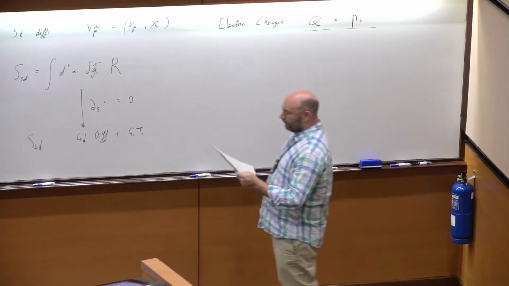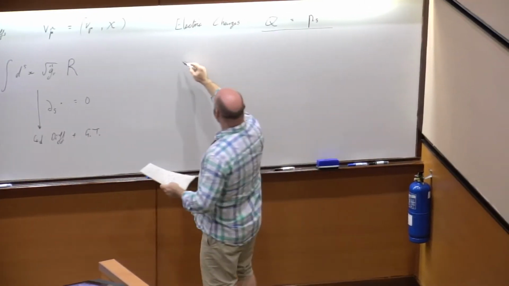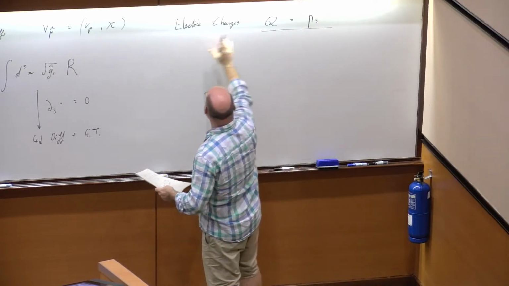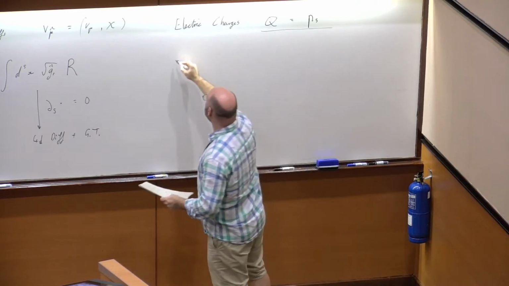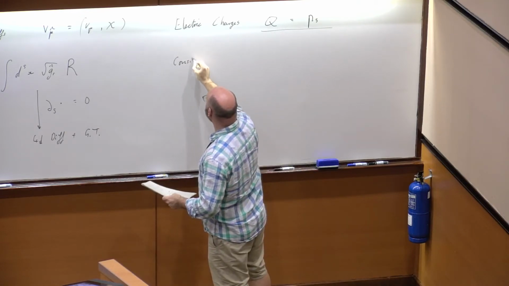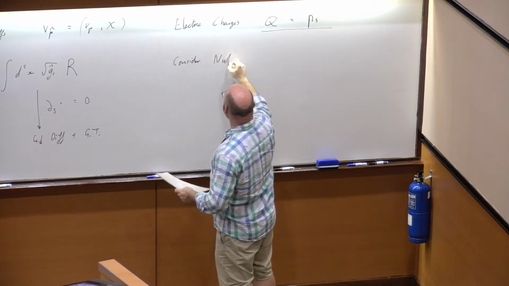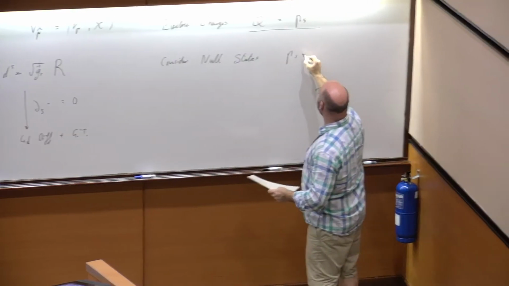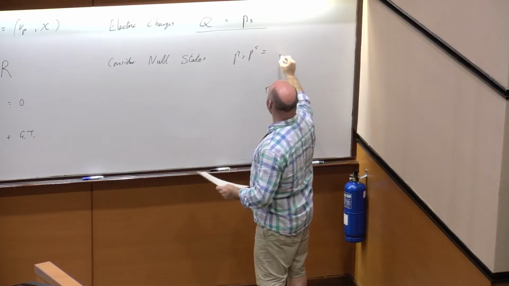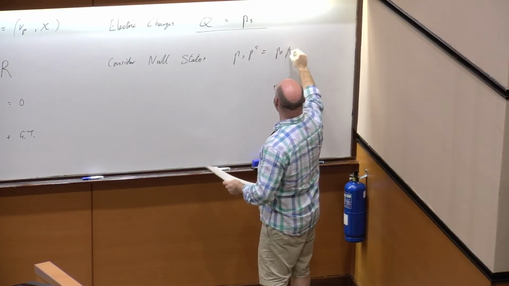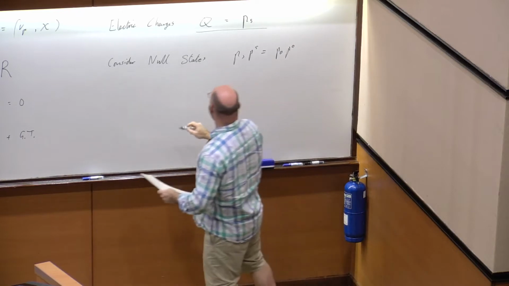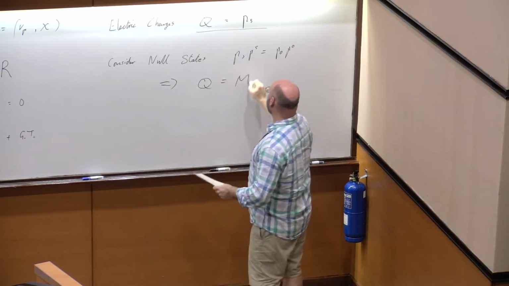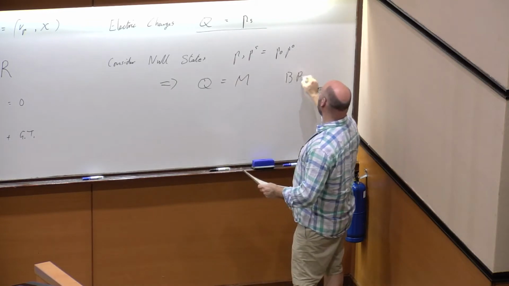And then we can also see that we could look at charges that are, momenta which are null. So then we can consider null states, which would then have P5 equals P0, and this will then imply that Q is equal to M, and this will be our BPS states.